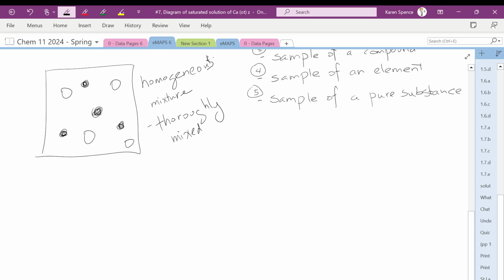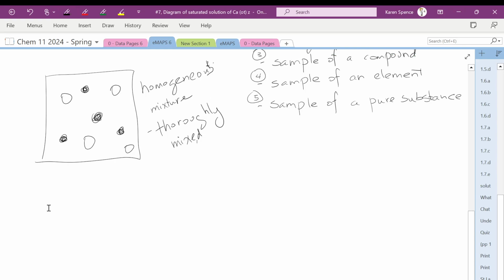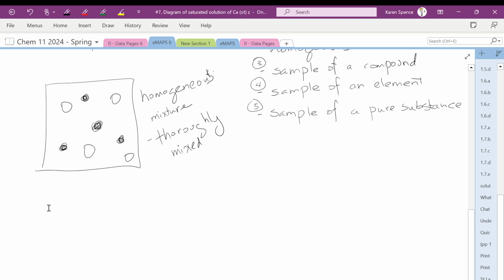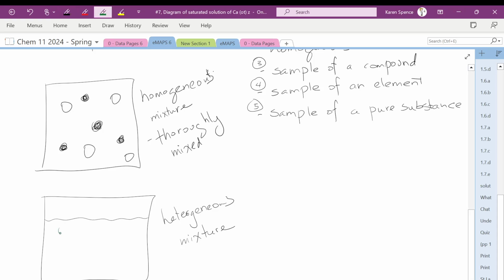Okay, next. And this is for a sample of a compound, Sky. Compound? Yeah, compound. A sample of a compound. Yep. All right.